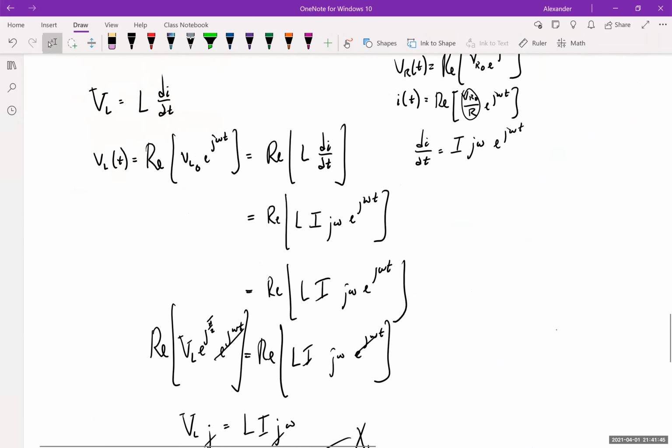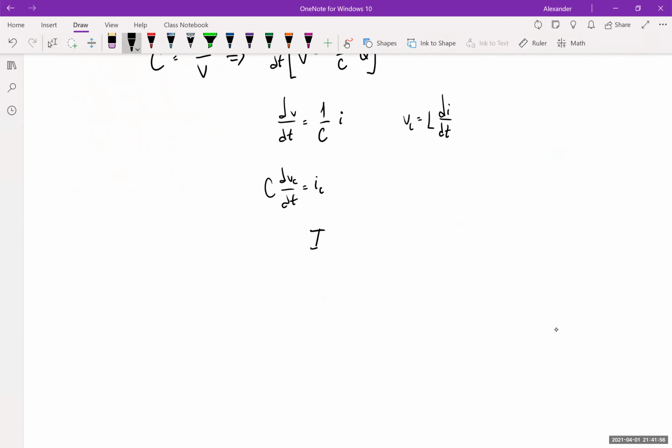And the current is I e to the j omega t. No, wait a minute. The derivative of the potential. Hold on. The derivative of V sub C sub 0 e to the j omega t.